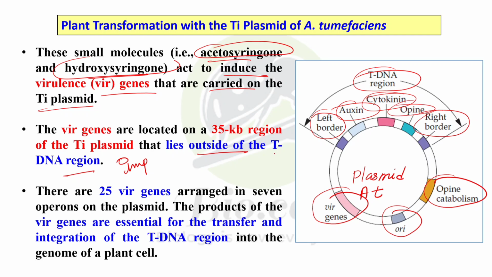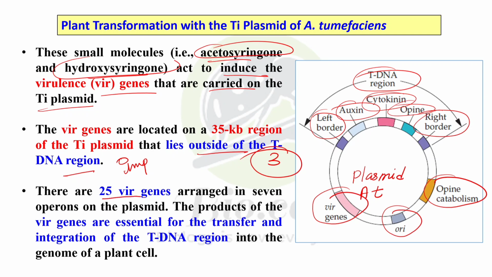All these three questions will be definitely asked in every exam like CSIR, GATE, or even if we are preparing for DBT, this is totally important for you. हमेशा पूछा जाता है कि कौन सा gene, every time it is asked which gene is present within the tDNA and which gene is present outside the tDNA. So virulence gene and opine catabolism gene are present outside the tDNA, and in the tDNA you can get auxin, cytokinin, opine synthesis gene.